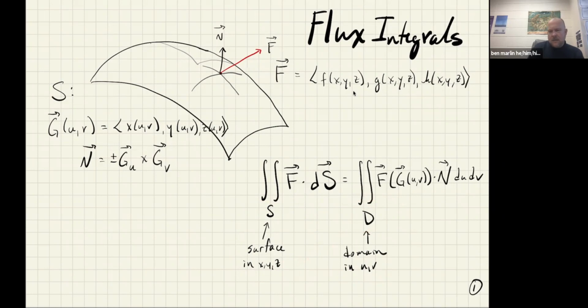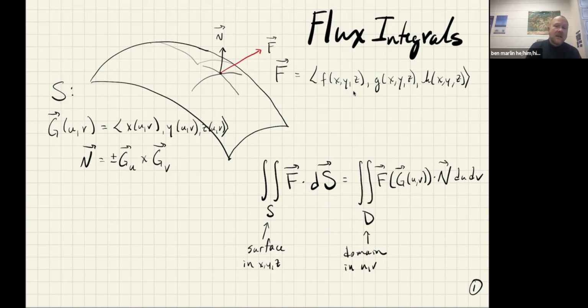So if you're talking about, say, something that is parameterized as though it were a disk with r's and thetas, then that's D for the domain is going to end up being, you know, your r between 0 and 1, and your theta between 0 and 2 pi, or whatever it happens to be.